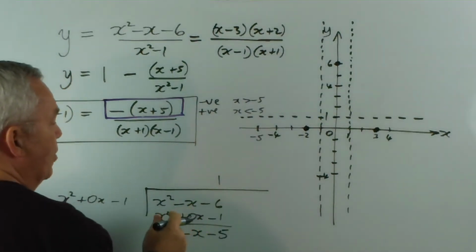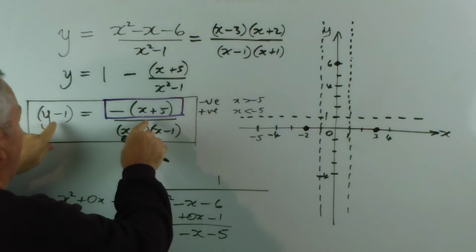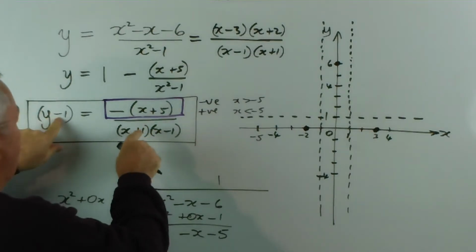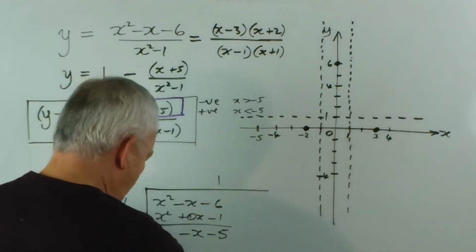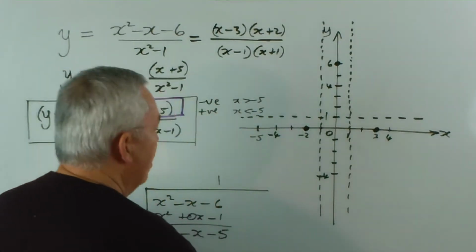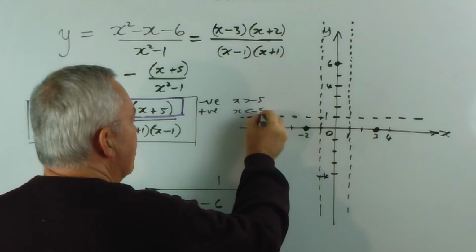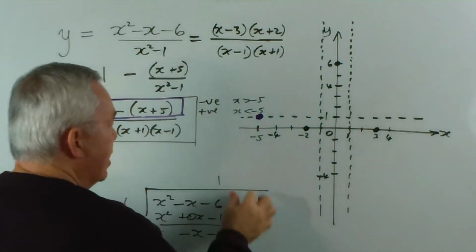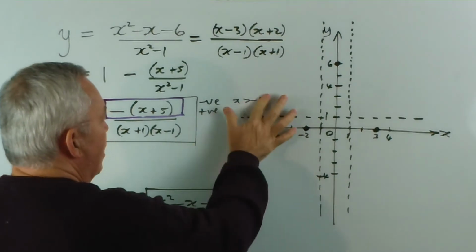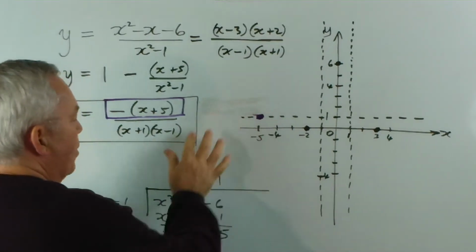Where's the changeover point? The changeover point will occur when y is worth 1 and x is worth -5. So here it is again on the asymptote. So the line's going to cross the asymptote there, and something interesting is going to happen.